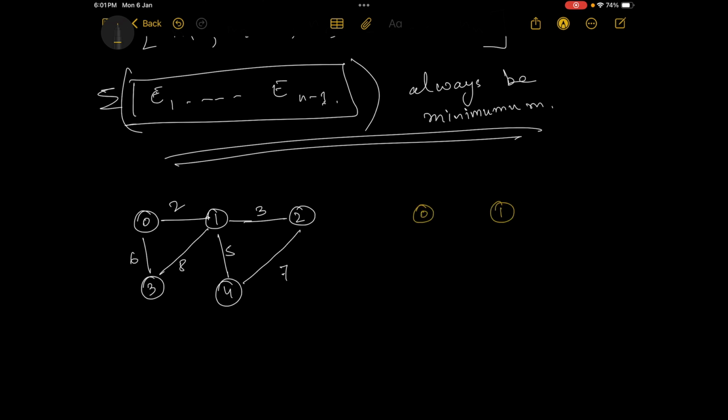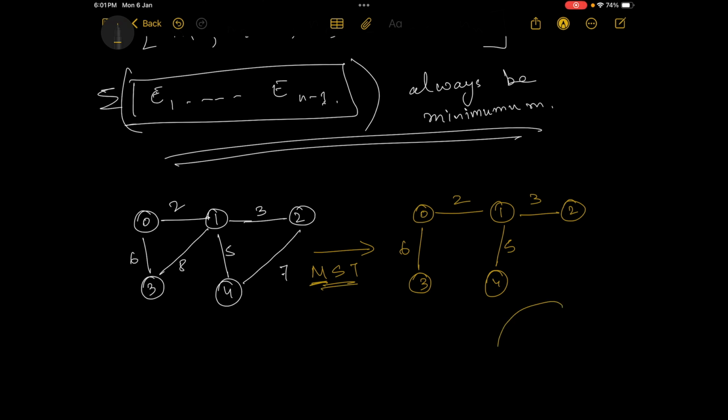Let us draw the nodes first, because we need all the nodes. It is the edges that we can play with, right. Say, like if we say 2 and 3 and 6 and 5, this is the minimum spanning tree, right. So, if spanning tree is the superset, minimum spanning tree is the subset, right. We keep in mind like that.